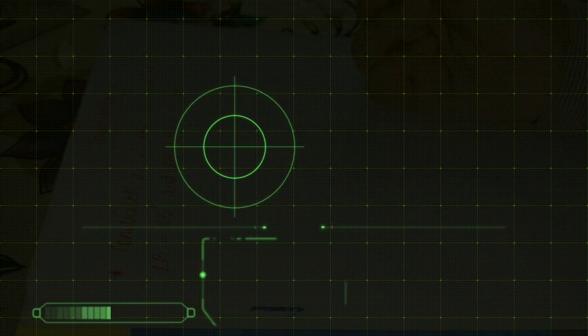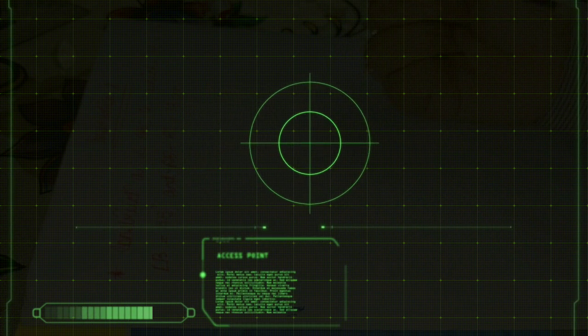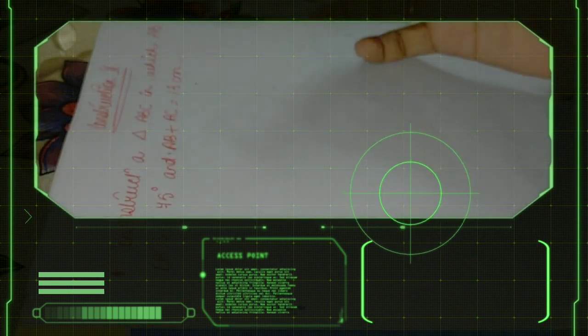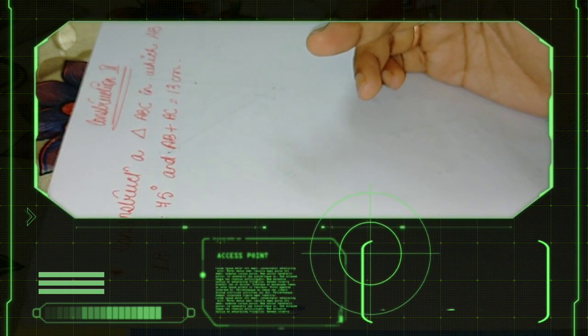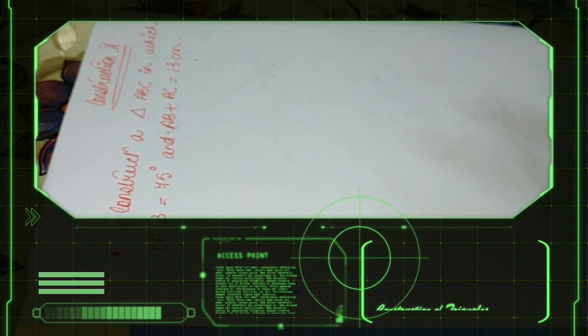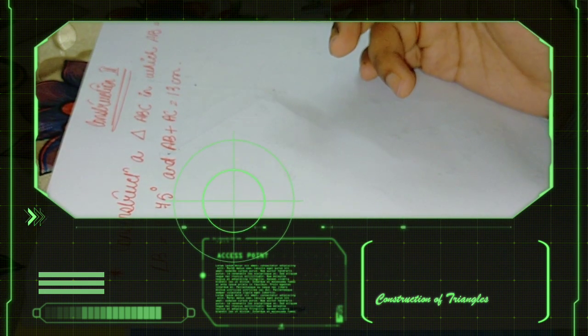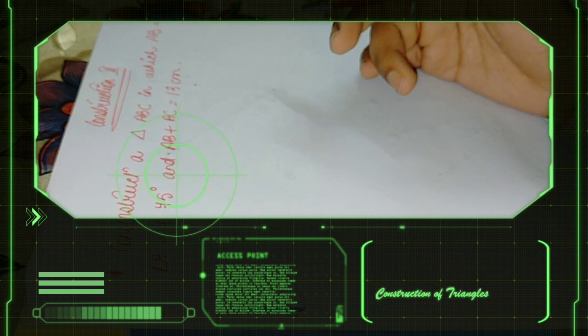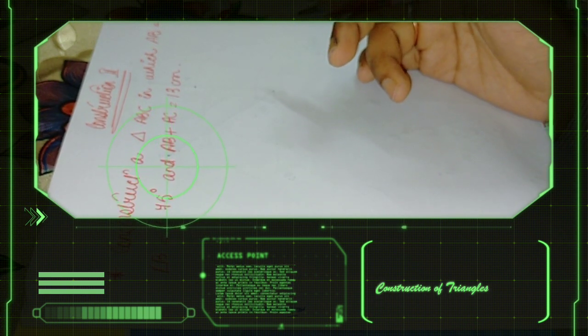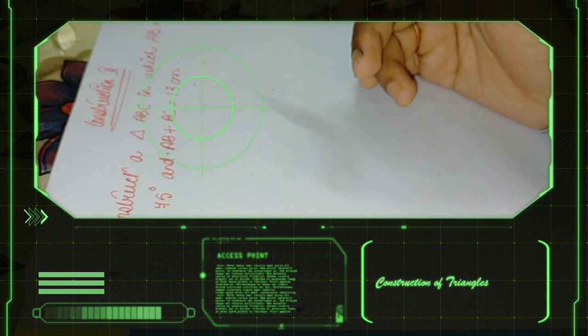In my last video I said that it is very important to know how to draw various kinds of angles with the help of compass and scale, and the purpose of that will be shown in my next video. So in today's class I will show you how to draw various kinds of triangles when the sides are given, angles are given, and some of the sides are given.